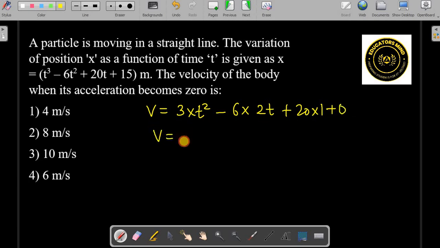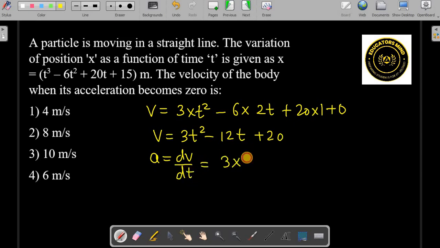So velocity we got is 3t square minus 12t plus 20. Acceleration is dv by dt. Differentiate velocity further: 3 into t square differentiation is 2t, minus 12 into 1, constant differentiation 0, and acceleration should be 0.